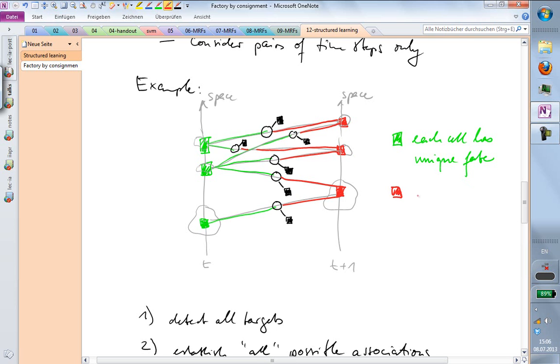And we have these other factors telling us that each cell, well, I'm always saying cell because we work in these biological applications, I could say that each target has just one past. And these are potentially higher order because, if you consider this one here, for example, it is connected to 3 variables and it depends on the number of associations. So if I don't prune by maximum distance, then I would have much higher order factors here.